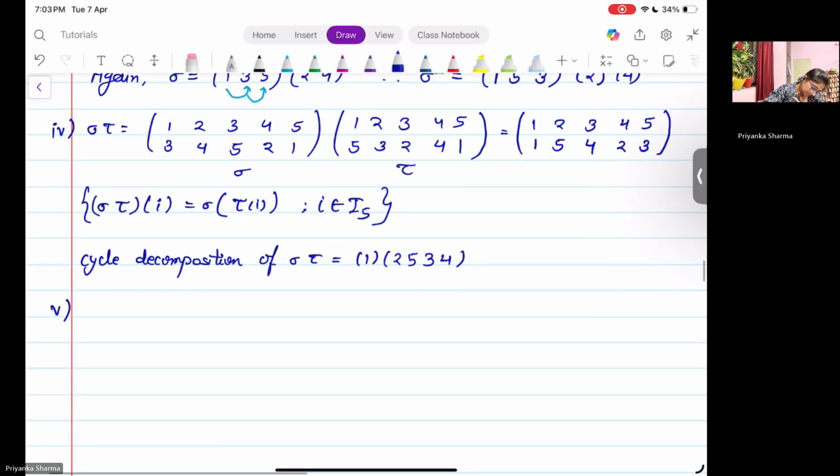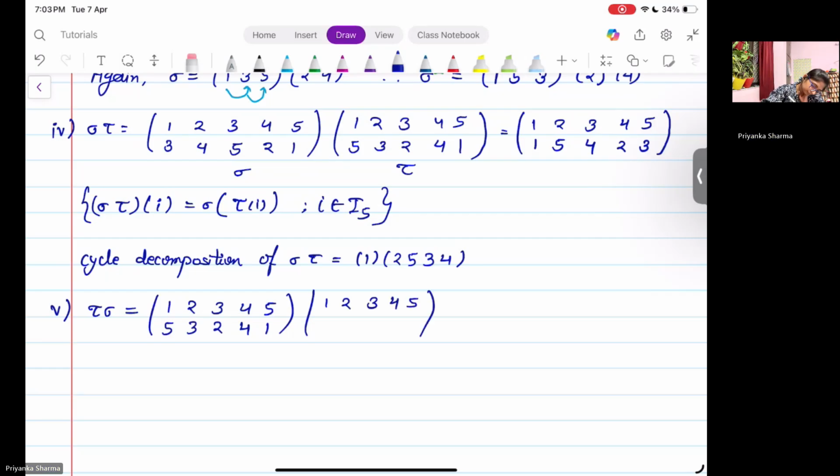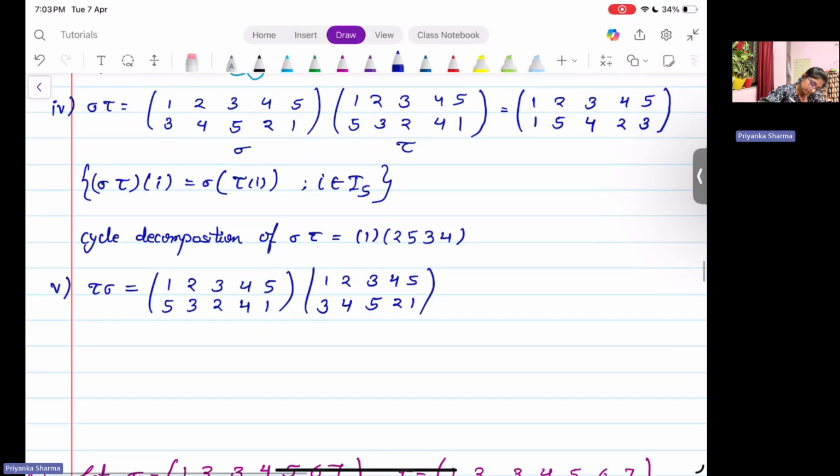Last, tau sigma. That is 5, 3, 2, 4, 1, and here we will have 3, 4, 5, 2, 1. So the image of 1 will be the image of 3, that is 2.